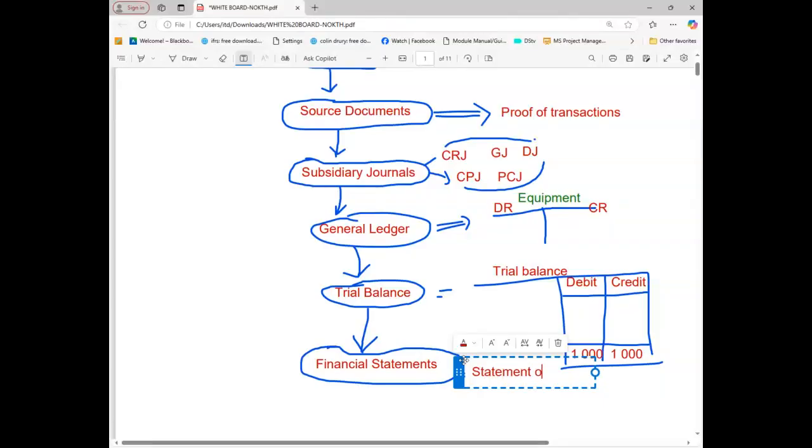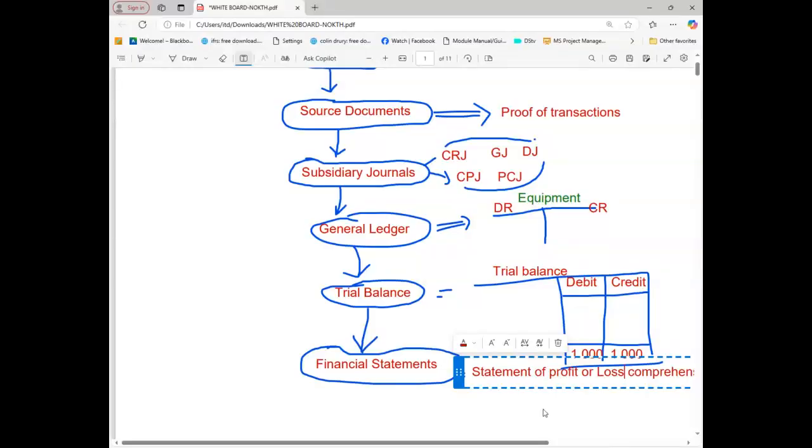Yes. But now we don't call it income statement, we call it statement of comprehensive income. Sometimes they call it statement of comprehensive income or statement of profit or loss.